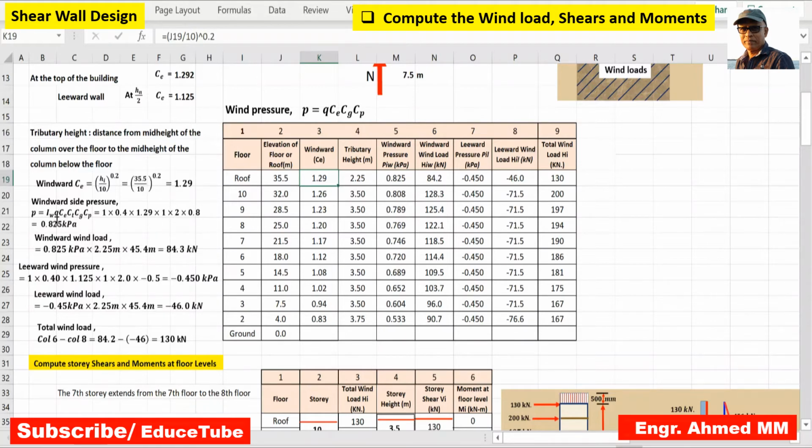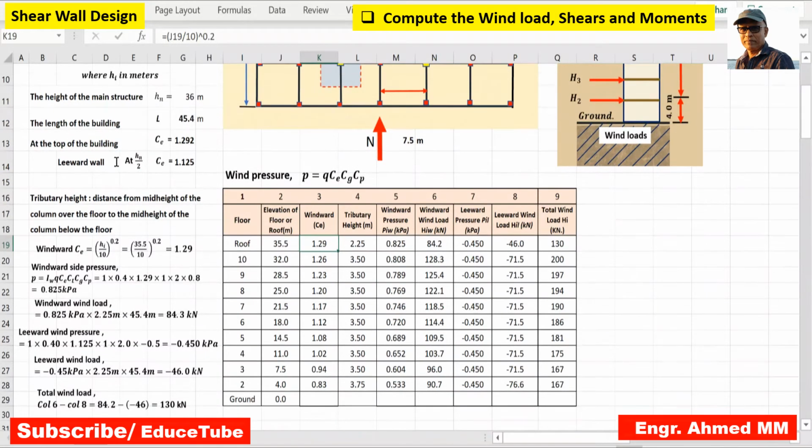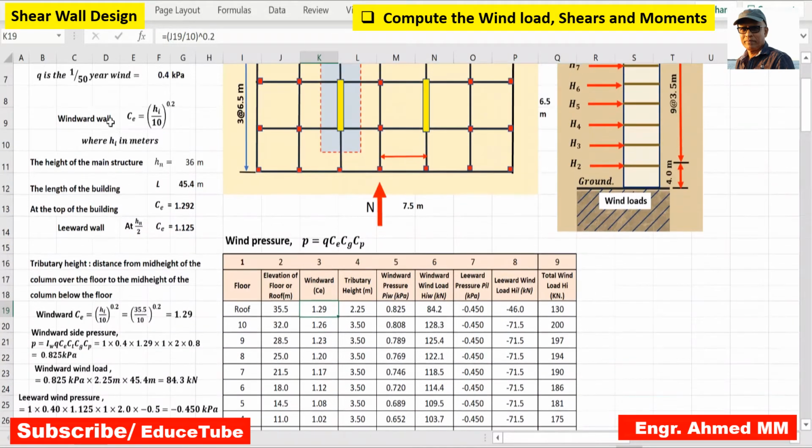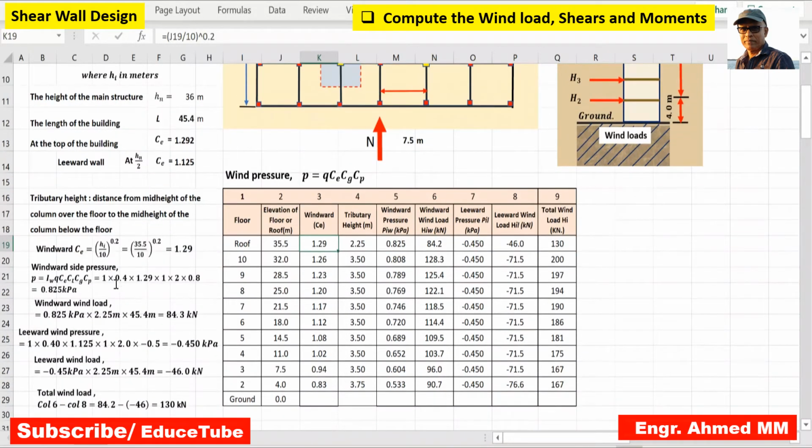Q I already mentioned here; we assumed it is 0.4, because for each country and each area this value is fixed. Different areas will have different values. For the location I have selected, this value is 0.4.